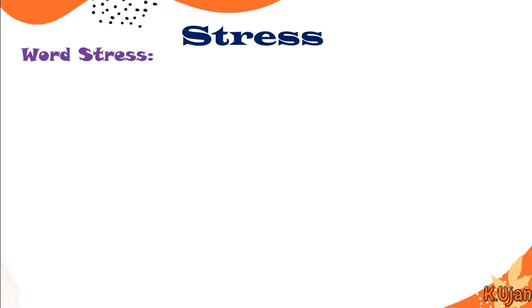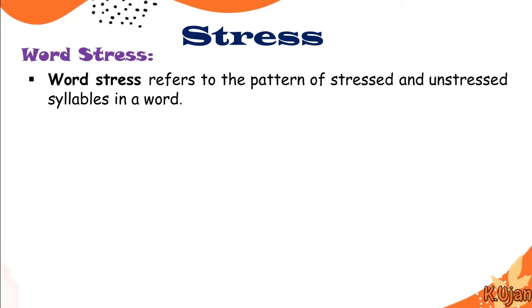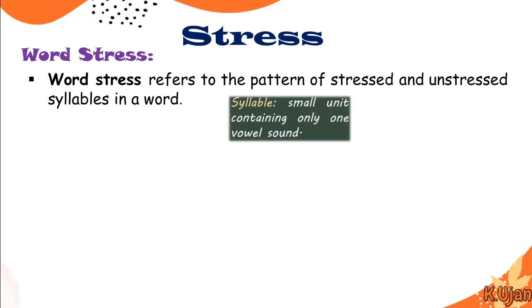Here we are going to talk about word stress. What is word stress? Word stress refers to the pattern of stressed and unstressed syllables in a word. So within a word, we put stress on one syllable more than the other. What is a syllable? A syllable is a small unit containing only one vowel sound.